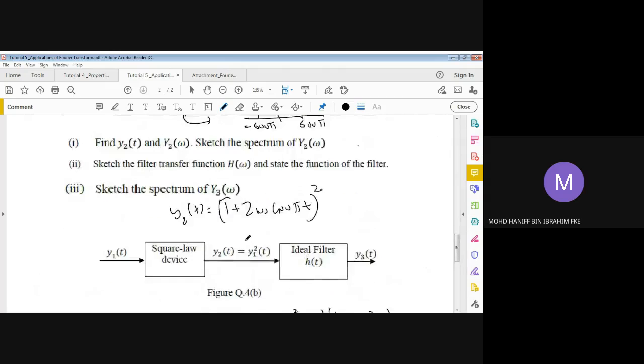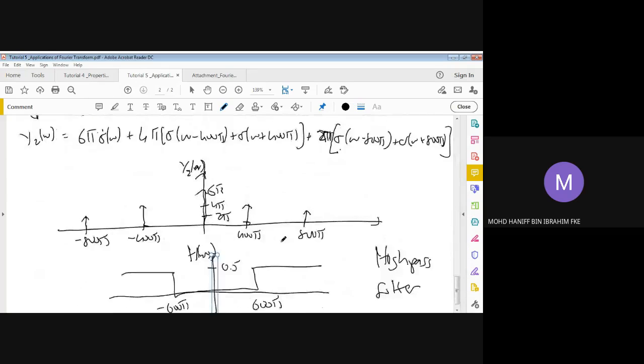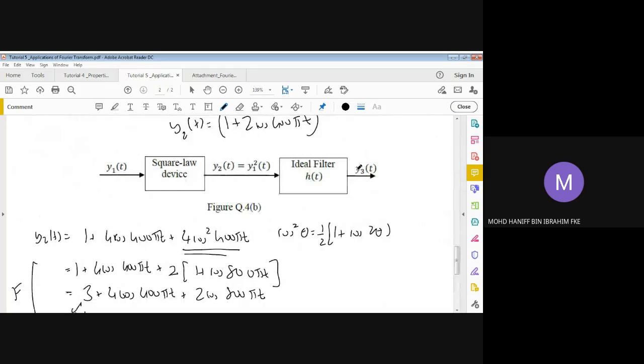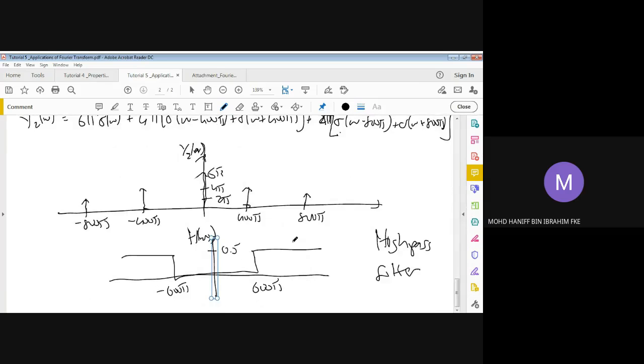And question number 3, sketch the spectrum Y3 omega. Y3 omega is the output of the filter. This is your Y2 omega, the input to the filter.